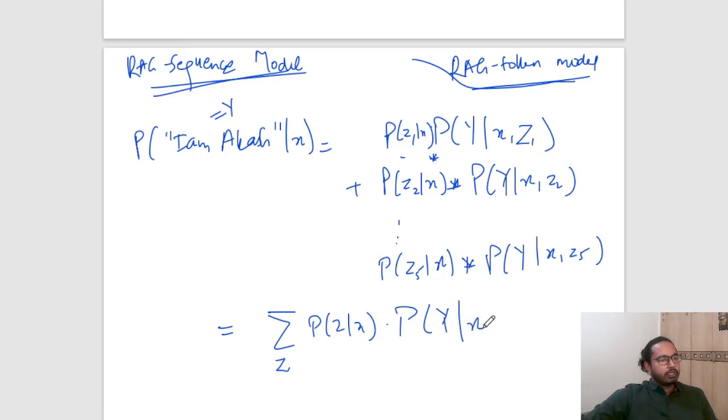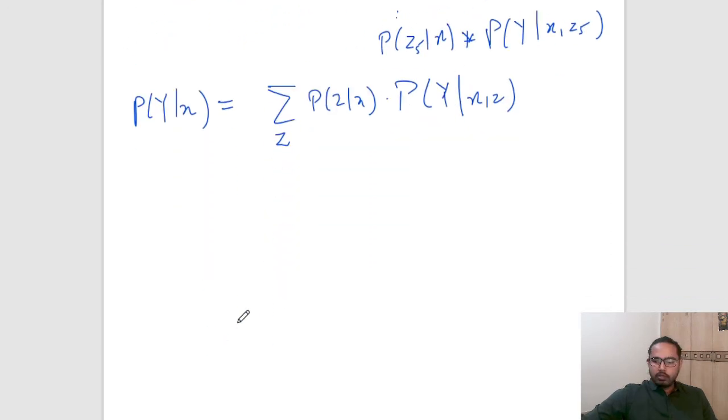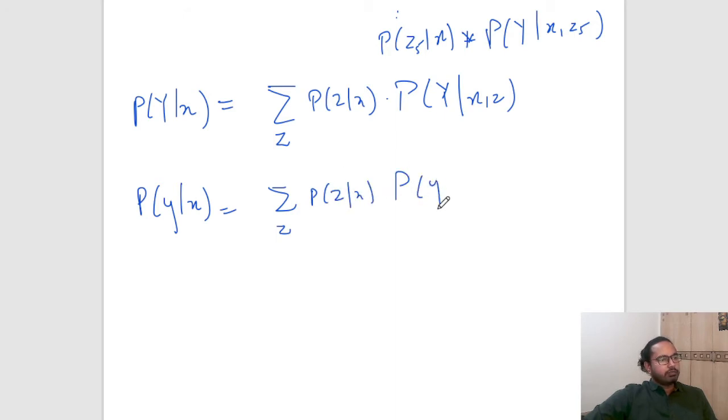So when we generalize it to any possible target sequence, we replace capital Y with small y: the sum over z of probability of z given x, times probability of small y given x comma z.